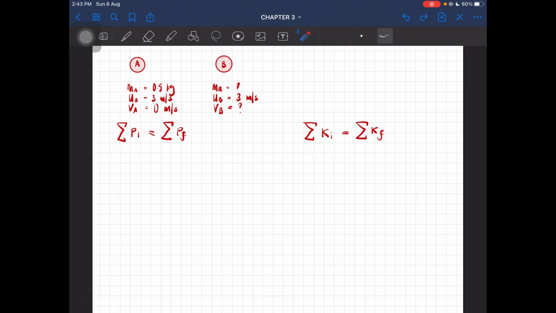Okay, so let's start. Initial: MAUA plus MBUB equal to MAVA plus MBVB.